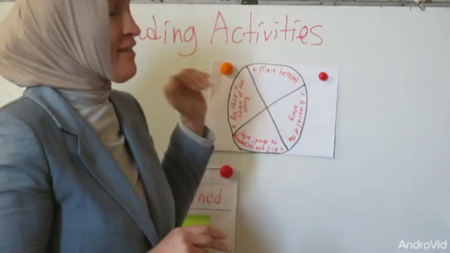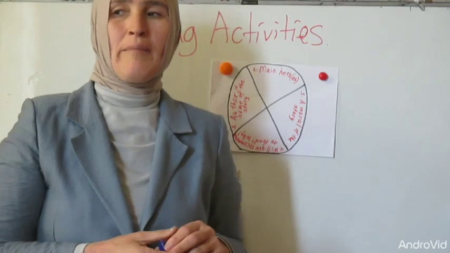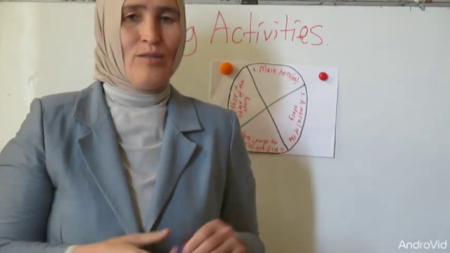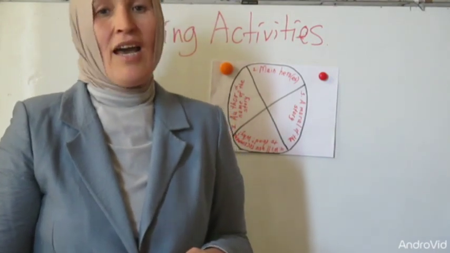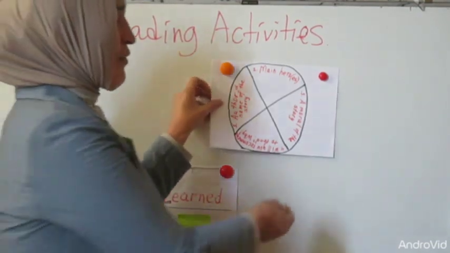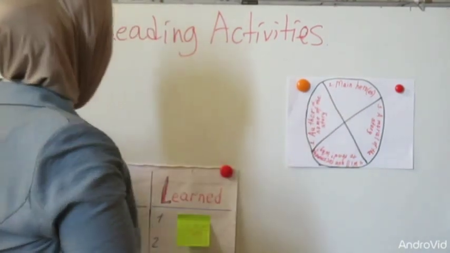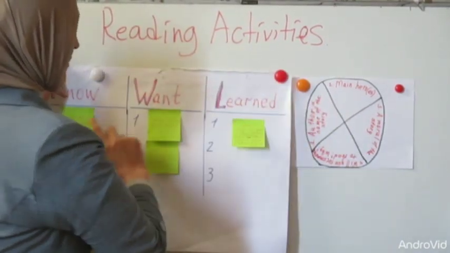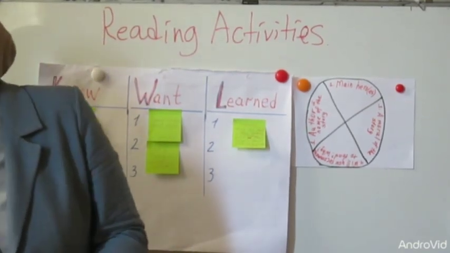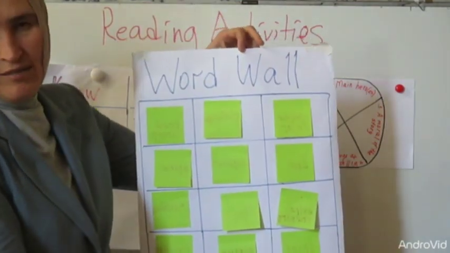And it will be a post activity, or you can ask your learners to prepare some brochures, or to tell their digital stories about that reading passage. Okay, to sum up, today we talked about the wheel activity as a post activity, then the KWL activity as a pre and post activity, and the last one is the word wall activity.